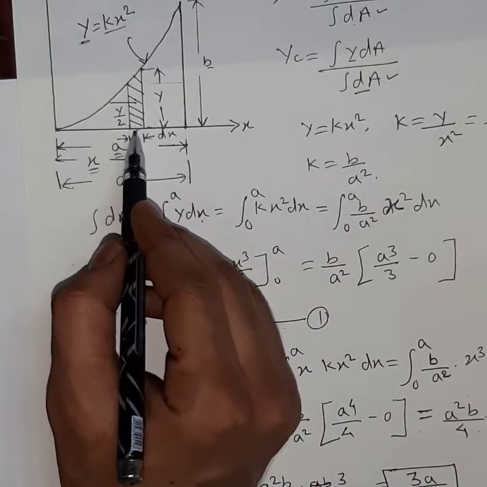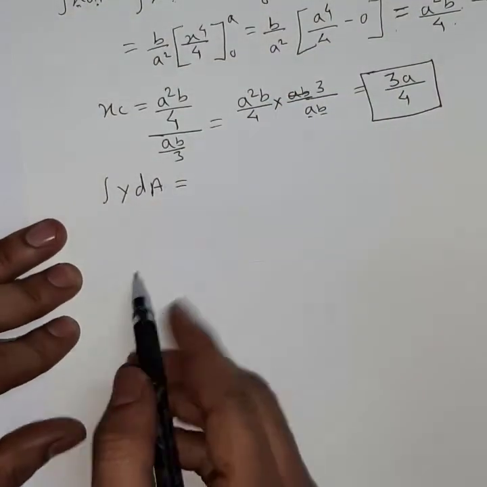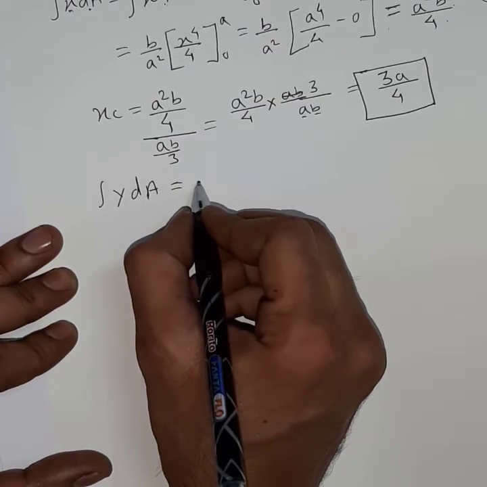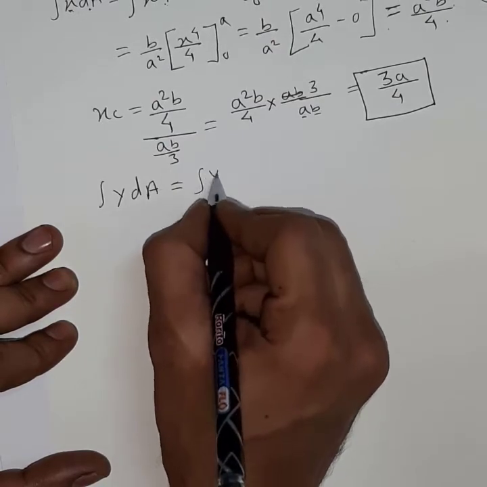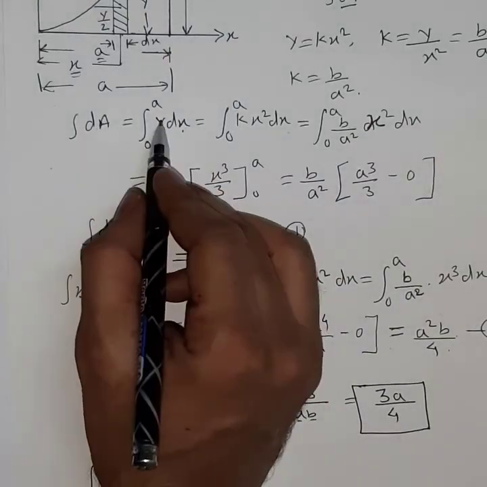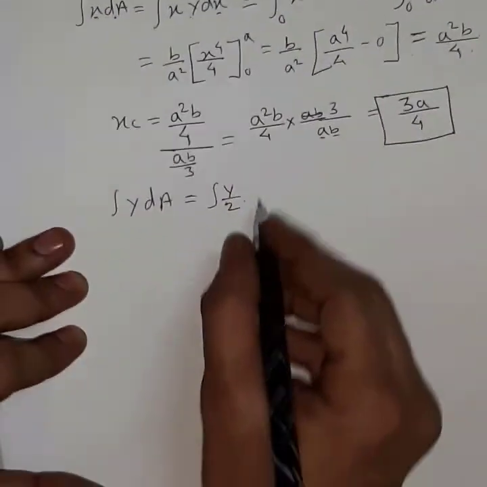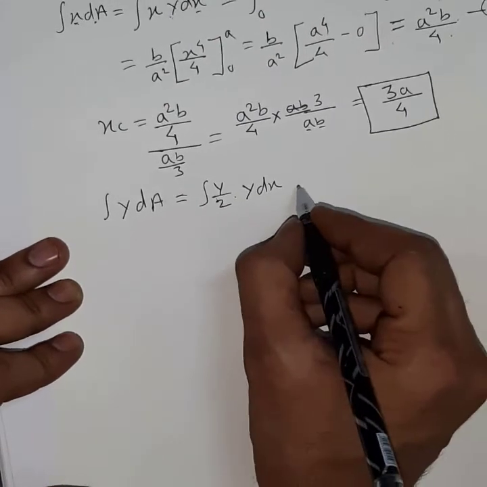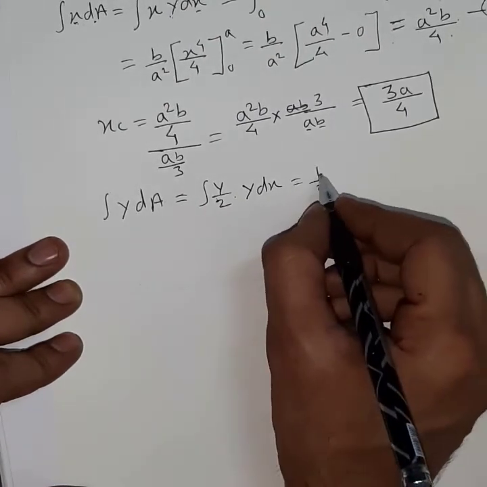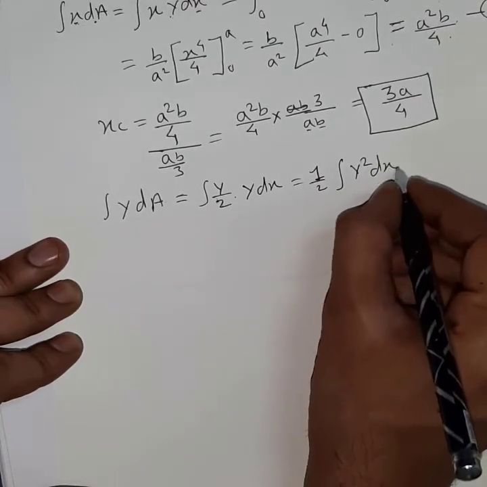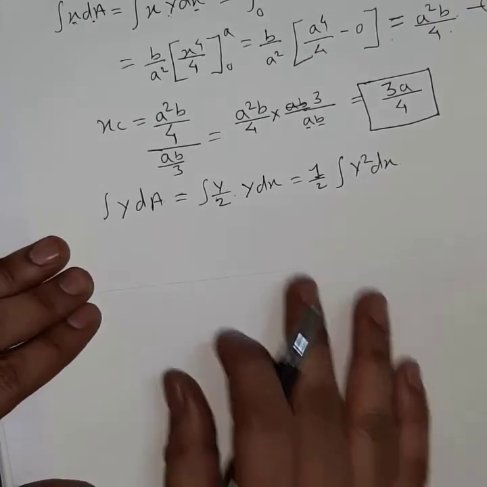Putting that value here, that will be integration y by 2 into y dx, so that will be 1 by 2 integration y square dx.